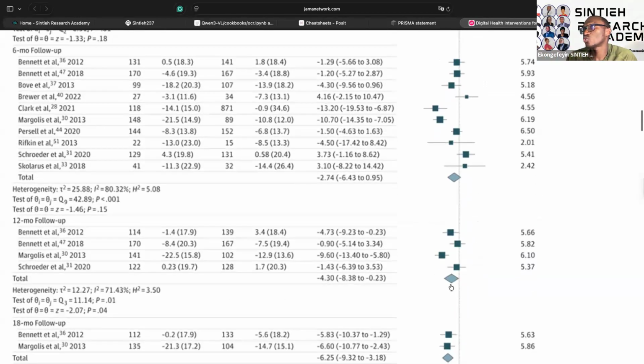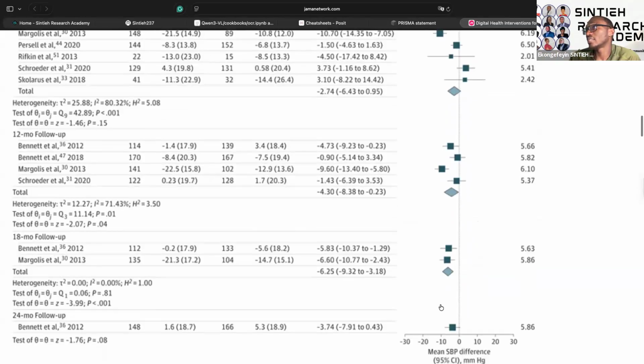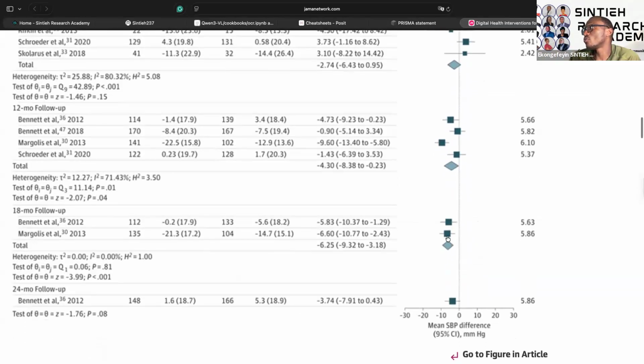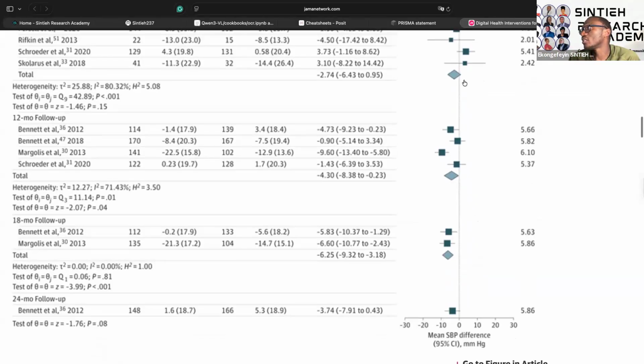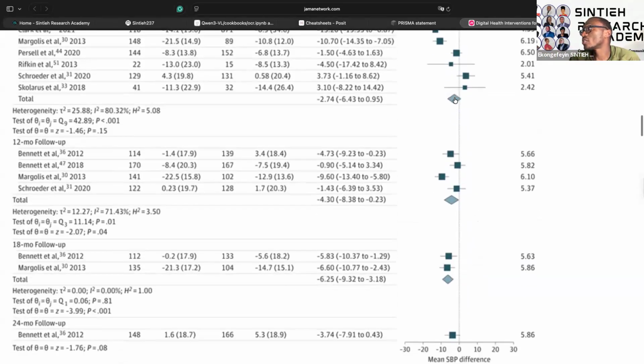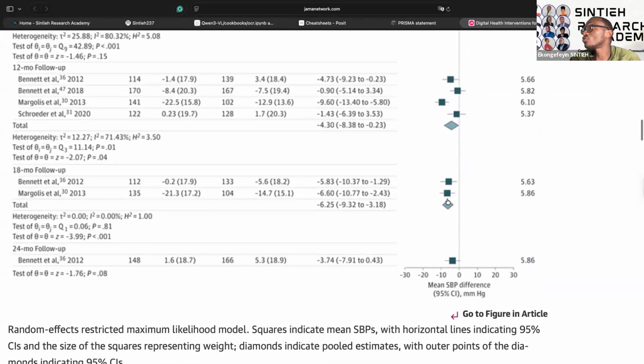But it's going to be different when we look at it at 6 months, and then at 12 months, and then at 18 months. At 18 months, you see that it is very favorable. It does not even touch. At 12 months, you see that it's very close, right? Here it crosses. So we see that digital health interventions favored blood pressure very well after 18 months of treatment.